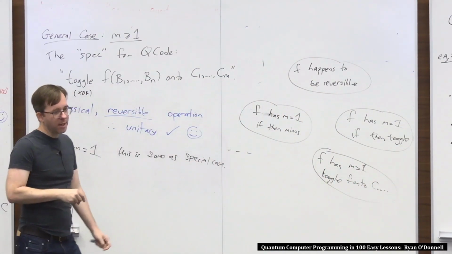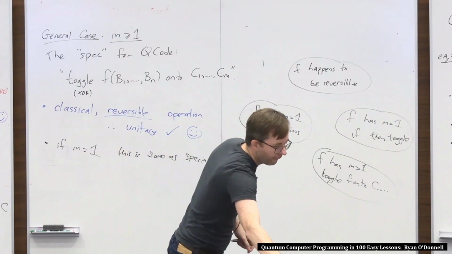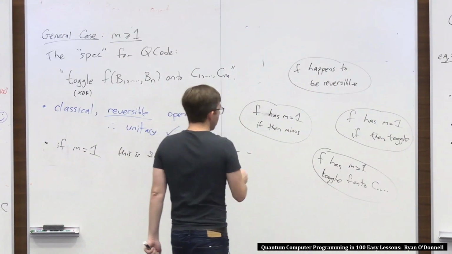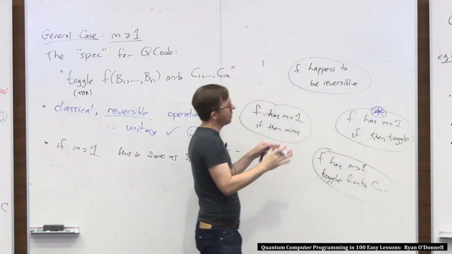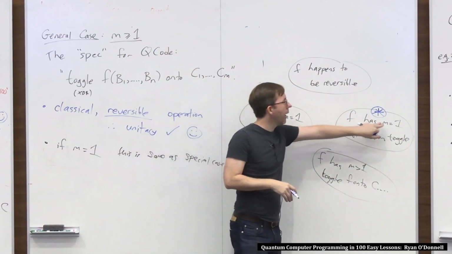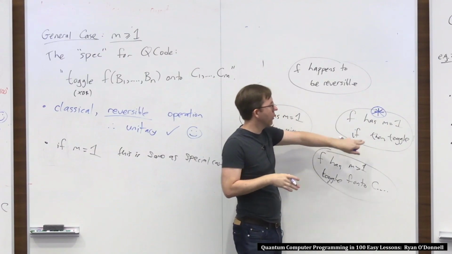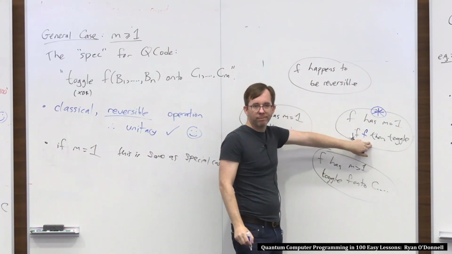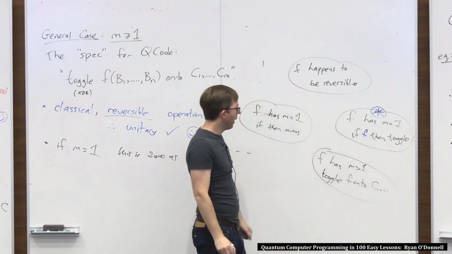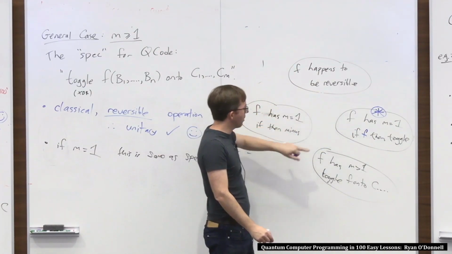What I'm going to show you next time is the following. Next time we'll see how to do this. Given classical code for computing a function with 1 output bit, we can easily transform it into quantum code that does the if-f-then-toggle. That will be the main step. And then that gives us the power for everything.